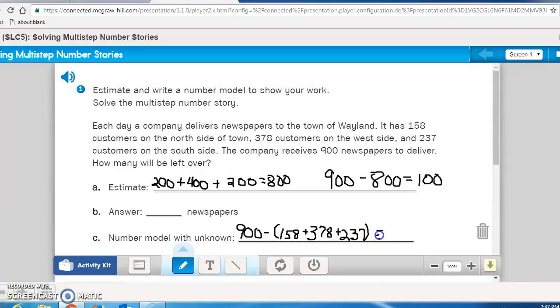That's going to equal the answer. So remember, I'm going to add these together, and whatever that answer is, I'm going to subtract that from the 900 to get my answer. Finish this page. When you've completed it, bring it back to me, and I will double check it for you. So pause the recording now and do that, please.